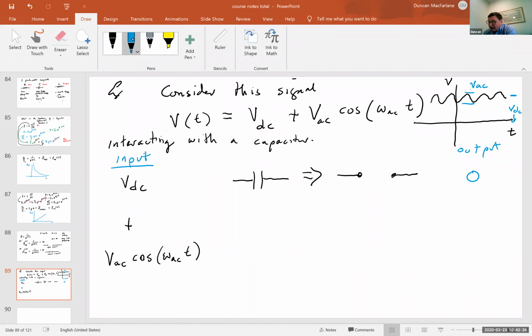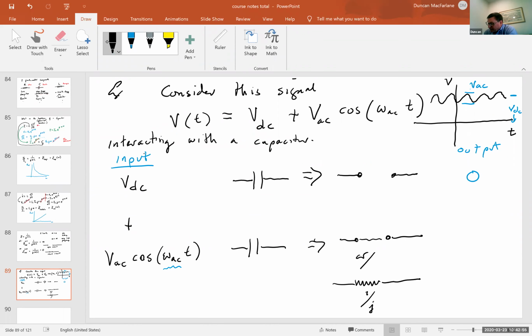And then, just in the limiting case, I'm going to say that the alternating current is very, very, very high. So this will go to a short circuit, or if you want to be really precise, a resistor with a value of 1 over J omega AC times C.